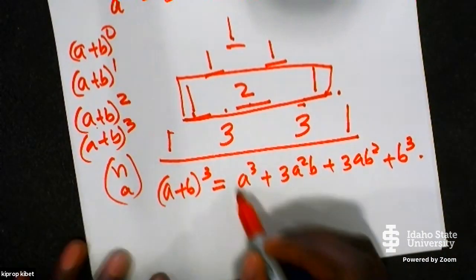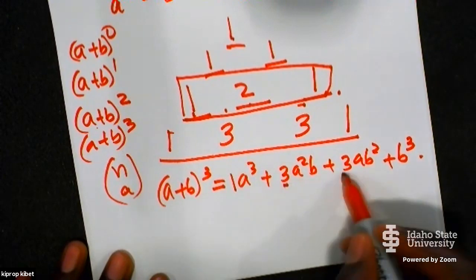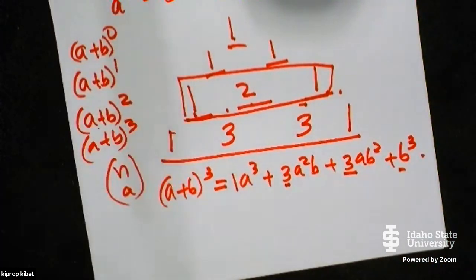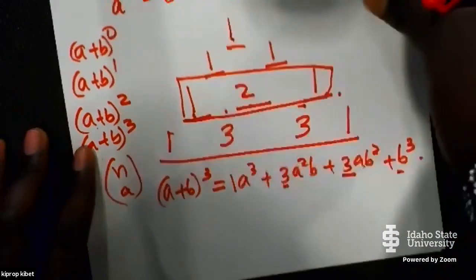The coefficients are these 1, 3, 3, 1. Don't worry about it. Maybe you'll do it in college algebra. You might do it.